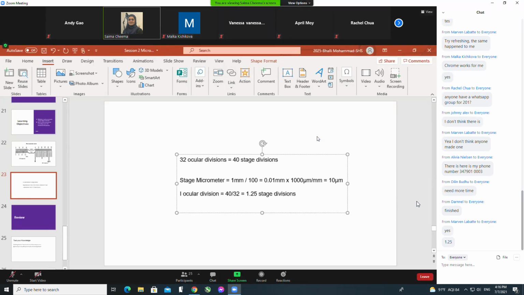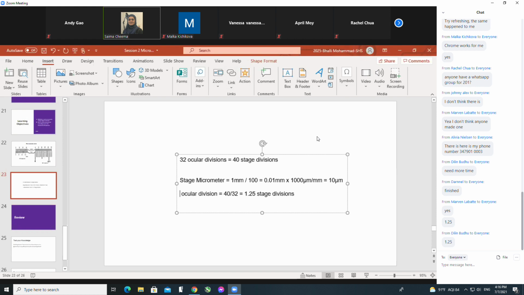Okay, and if we know that, now we can figure out the distance between any two adjacent ocular divisions. We know it equals 1.25 stage divisions, and we multiply that by 10 micrometers, because each stage division is 10 micrometers.